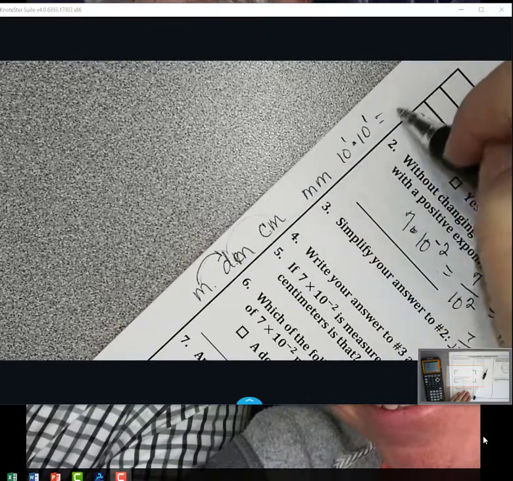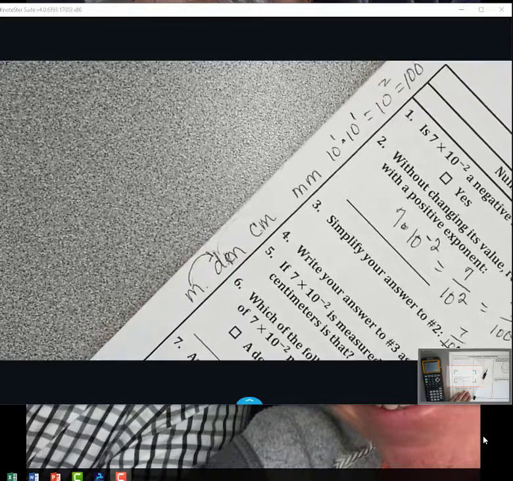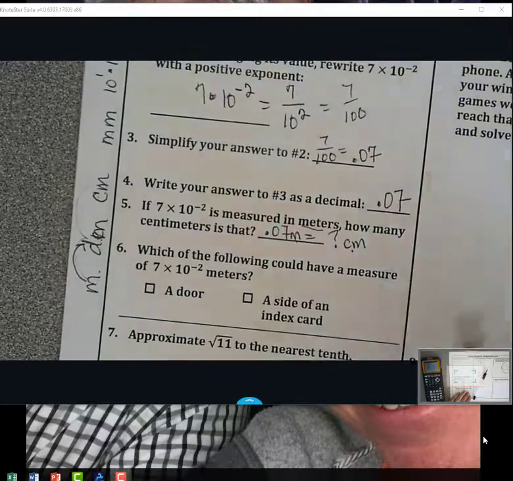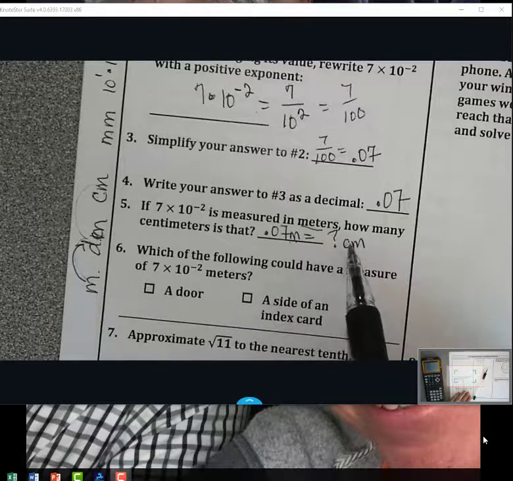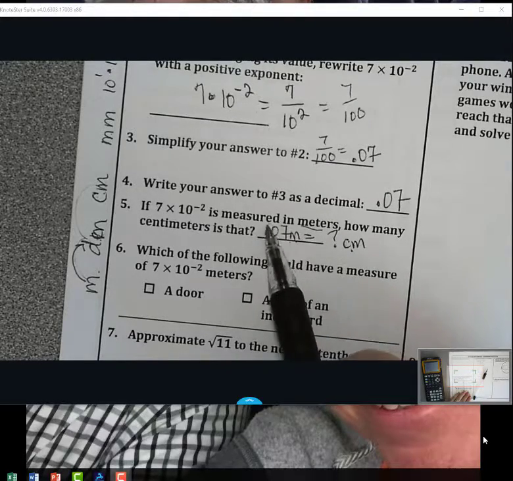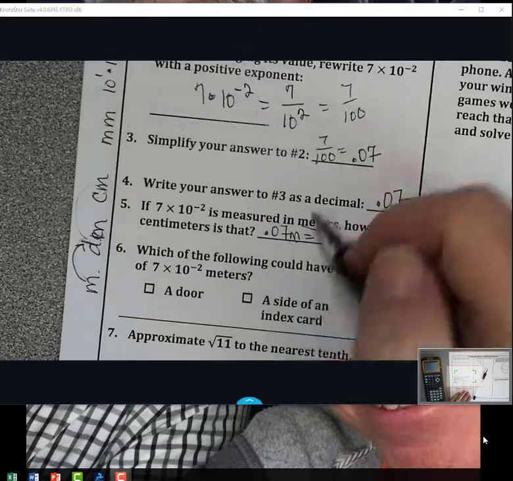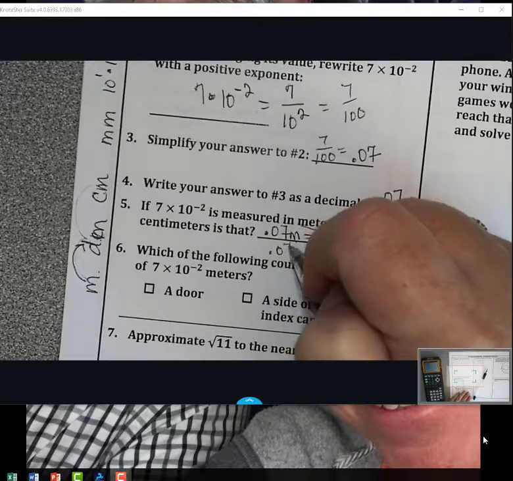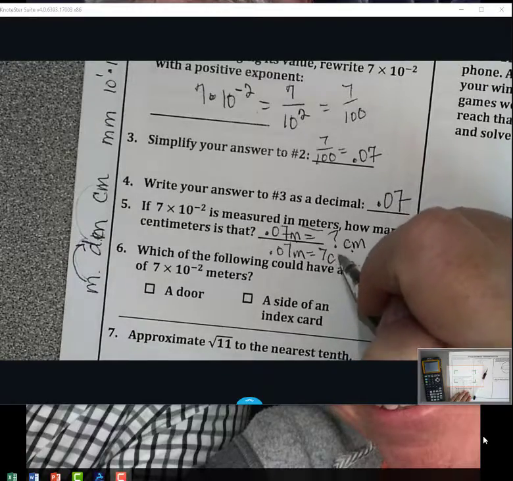They have the same base. Add the exponents, it's really 10 squared, and 10 squared is 10 times 10, or 100. So if 1 meter is 100 centimeters, I take this number and multiply it by 100. So 0.07 meters times 100 is the same as saying 7 centimeters.